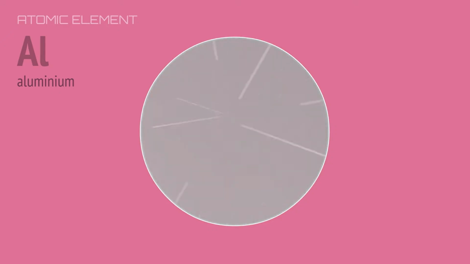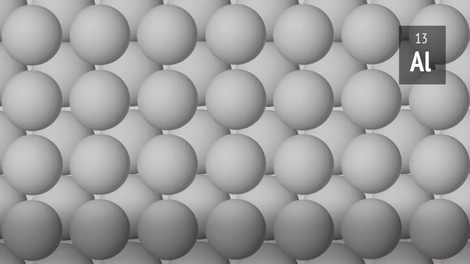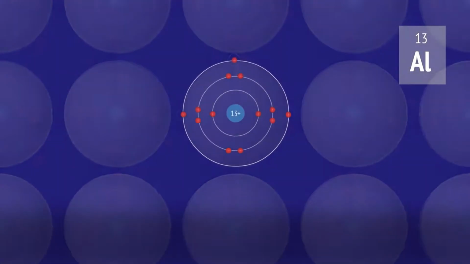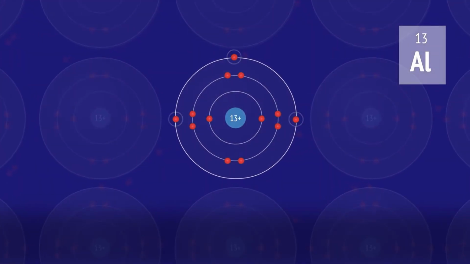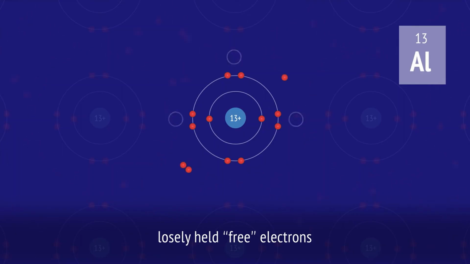Zooming up millions of times on this aluminium metal, we see the aluminium atoms packed tightly together in a regular lattice. To understand the atomic bonding that holds this lattice together, we need to consider the electron arrangement of the metal atoms. Aluminium atoms, with 13 protons and 13 electrons, have 3 outer or valence electrons. Metals have only a weak hold on their valence electrons, and as a result, they become detached from the atom and move freely throughout the structure.